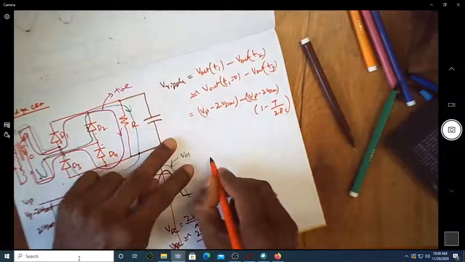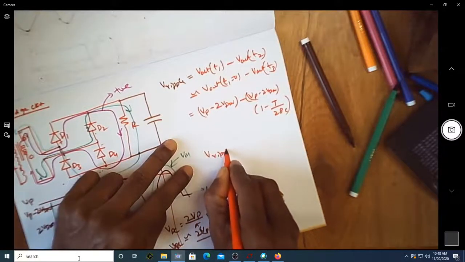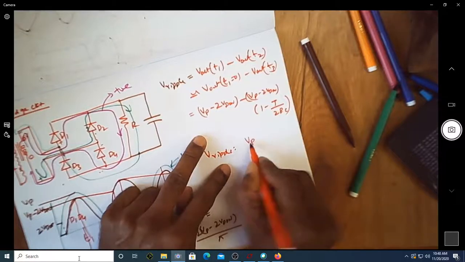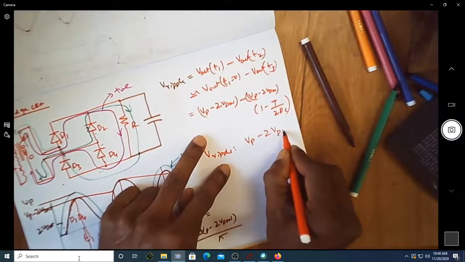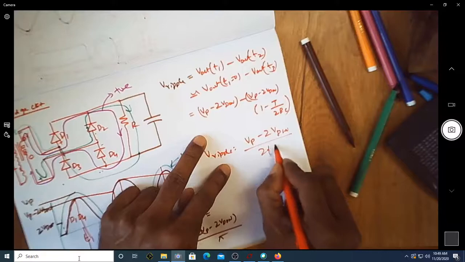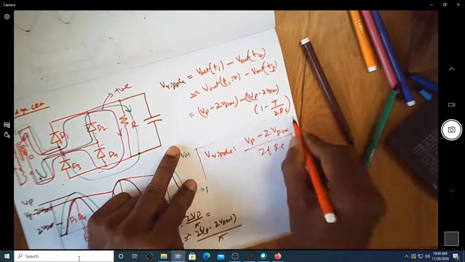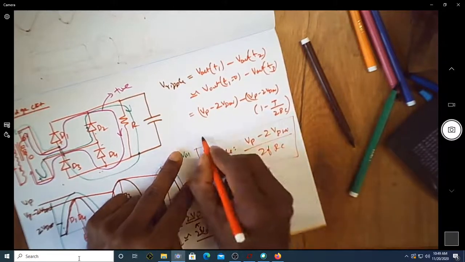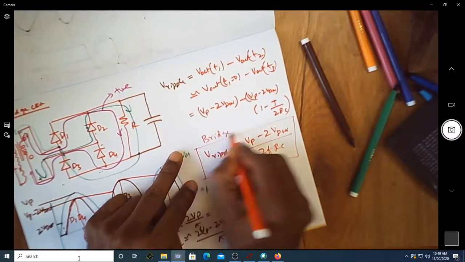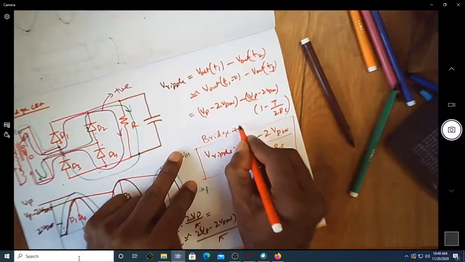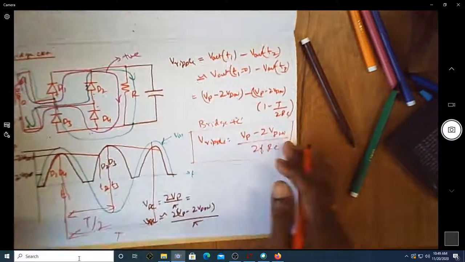Upon simplifying all those things, V ripple will be equal to Vp minus 2 Vd on by 2 FRC. So this is a ripple voltage in case of bridge plus filter.